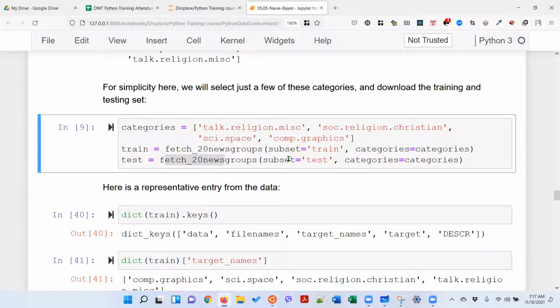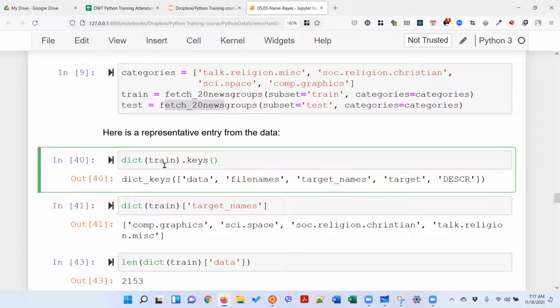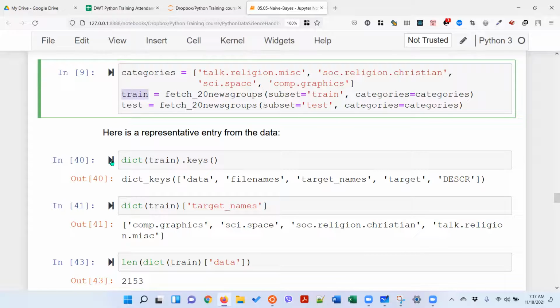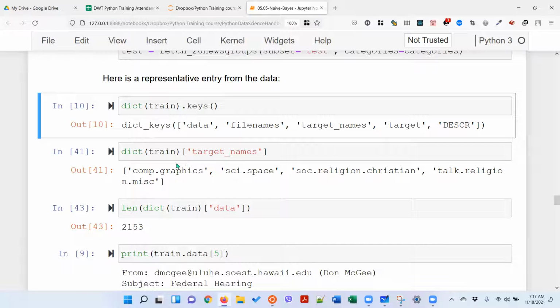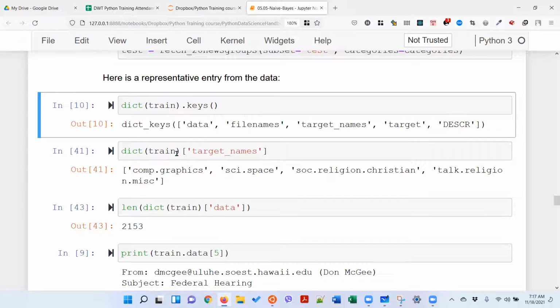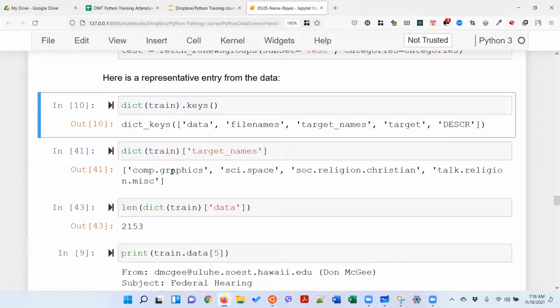After that, let's look at the keys. The train data is in dictionary form. The keys are data, file names, target names, and description. If we look at the target names, exactly as we chose, we see computer graphics, science space, social religion Christian, and talk religion miscellaneous.